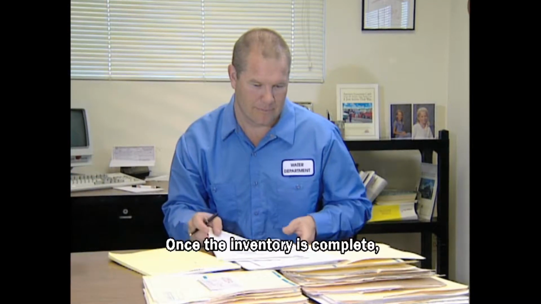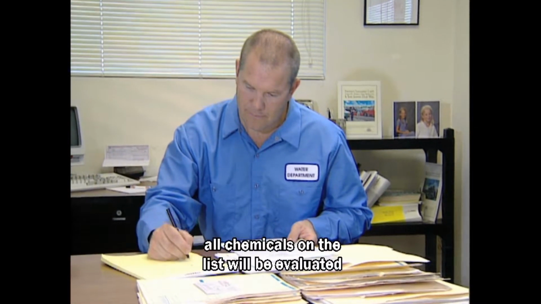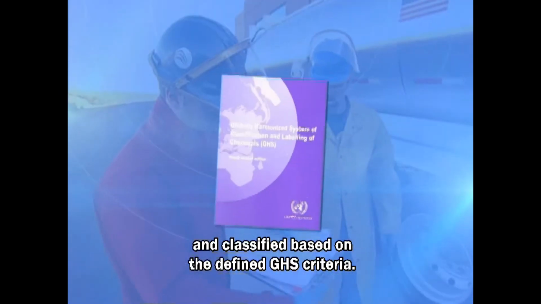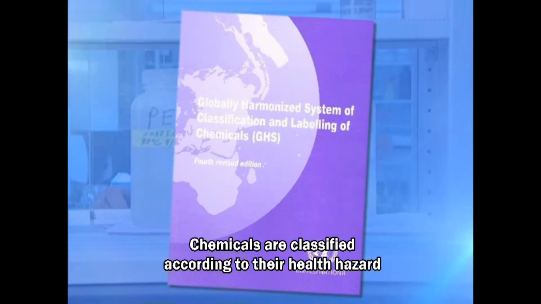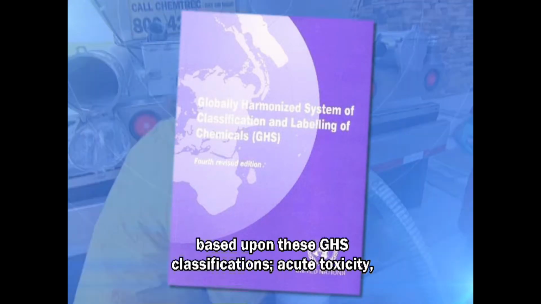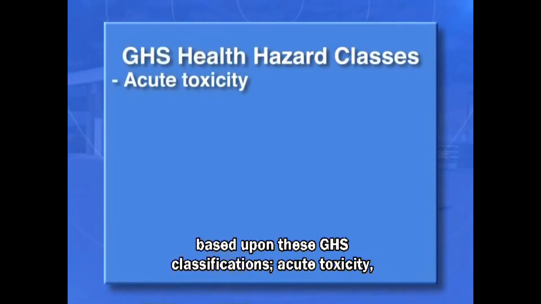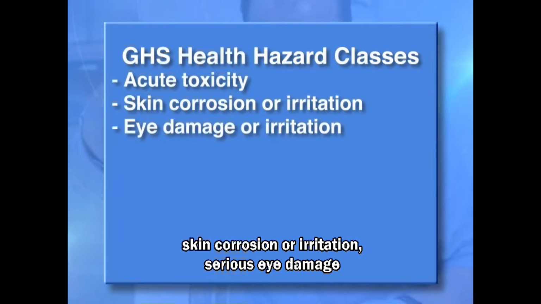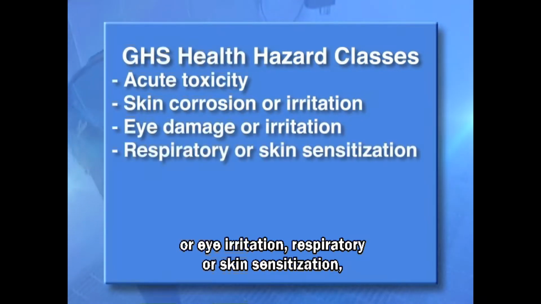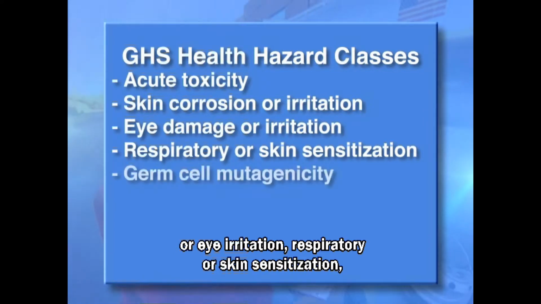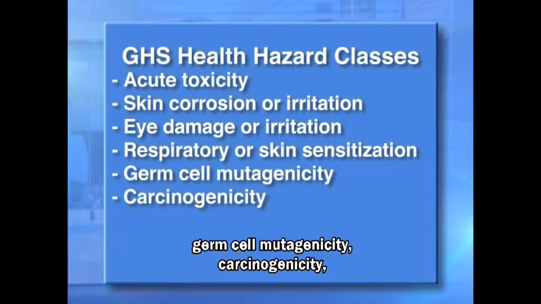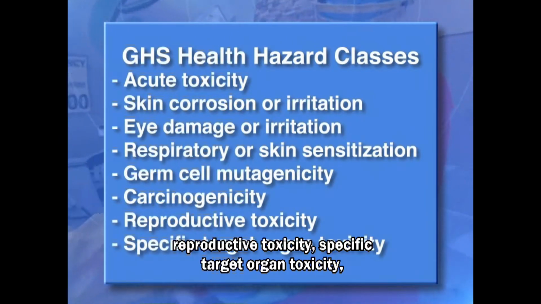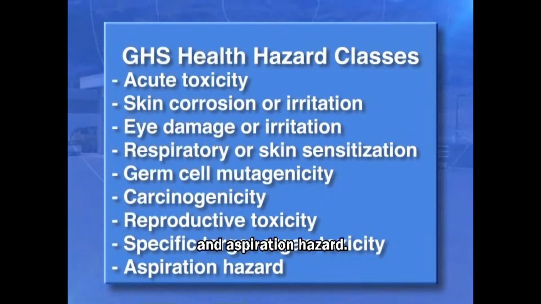Once the inventory is complete, all chemicals on the list will be evaluated and classified based on the defined GHS criteria. Chemicals are classified according to their health hazard based upon these GHS classifications: acute toxicity, skin corrosion or irritation, serious eye damage or eye irritation, respiratory or skin sensitization, germ cell mutagenicity, carcinogenicity, reproductive toxicity, specific target organ toxicity, and aspiration hazard.